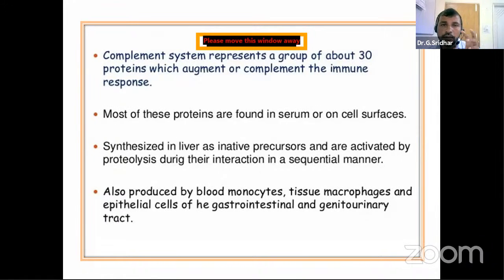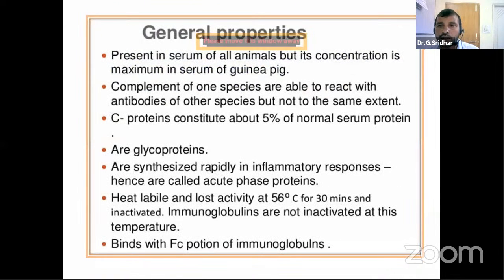Keep it in your brain: mainly the liver synthesizes the complement proteins.